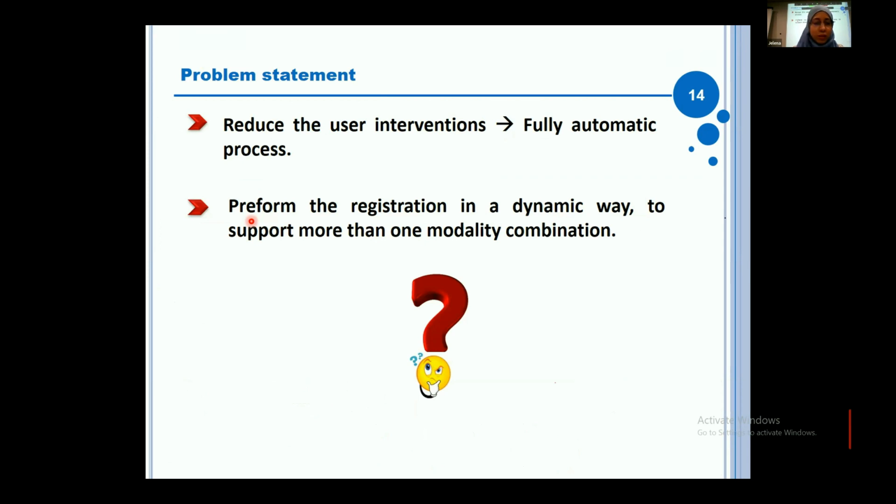Because according to the literature, we noticed that most of the work supports a specific modality combination, the registration of only one combination.